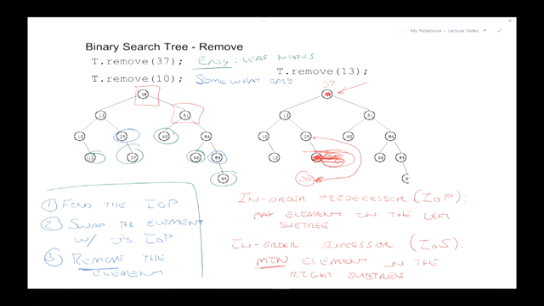So what he just said was this great intuition that whenever we're in this case where we're finding the IOP, we're always in the case where we have 2 children. So we never have to worry about the fact that there won't be a left subtree, because by the design of this problem, we know that we're guaranteed to have a left subtree. The nice thing is we don't have to worry about these special cases. There's always going to be a left subtree, so there's always going to be a max element in the left subtree.